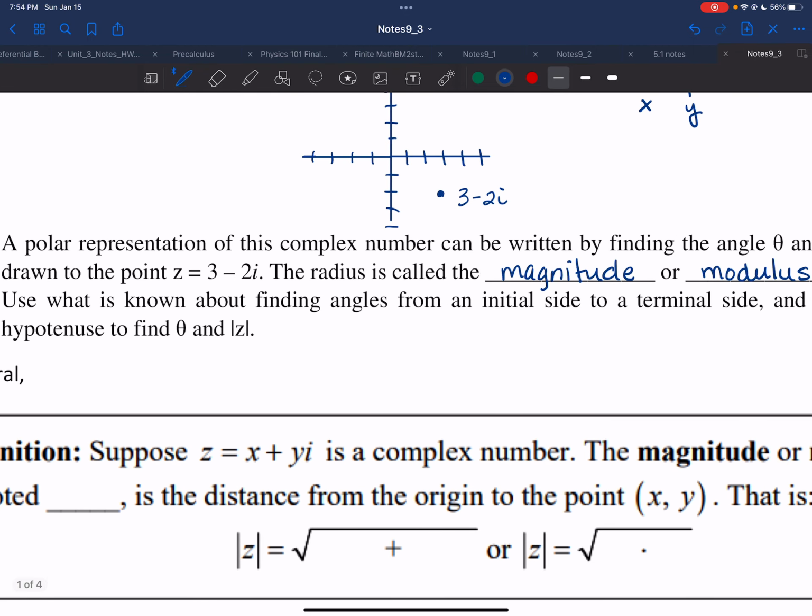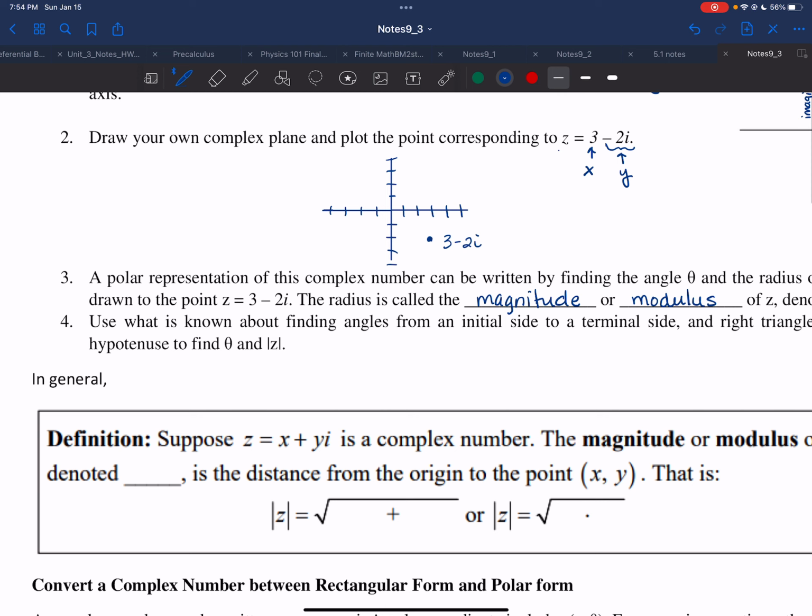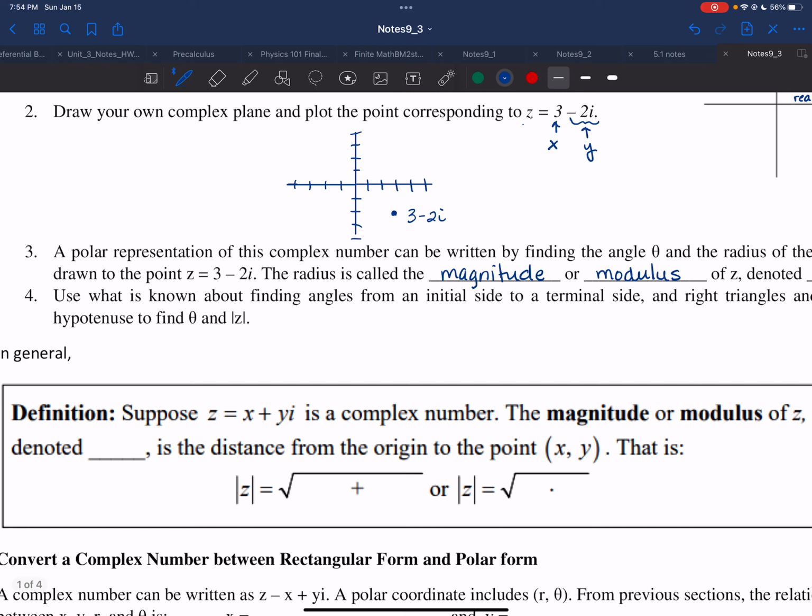All right. So the way we're going to find this is going to be just like we do with a normal polar expression. So we take our rectangular and we change it to be into a polar version. So I'm going to have the magnitude of z equals the square root of my x value squared plus my y value squared.